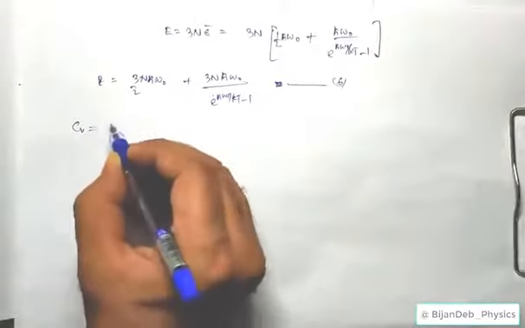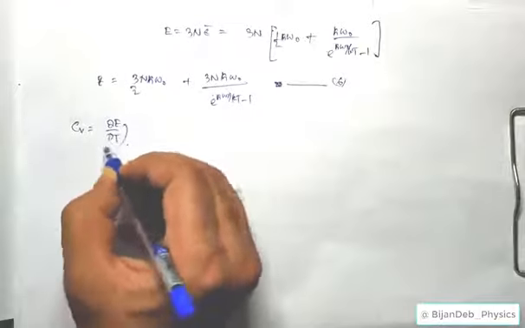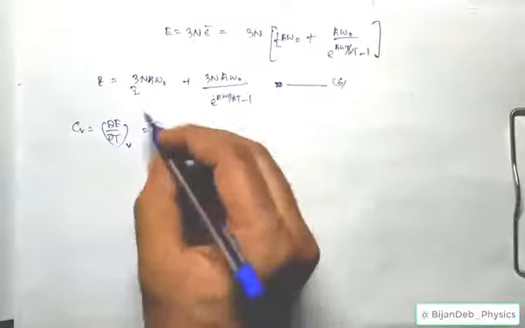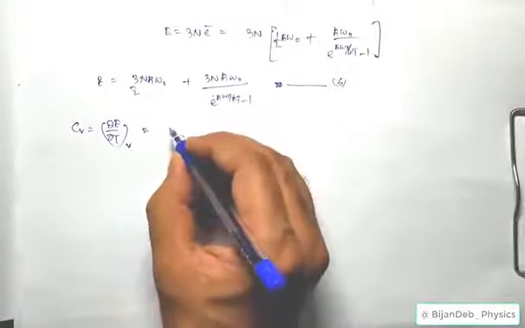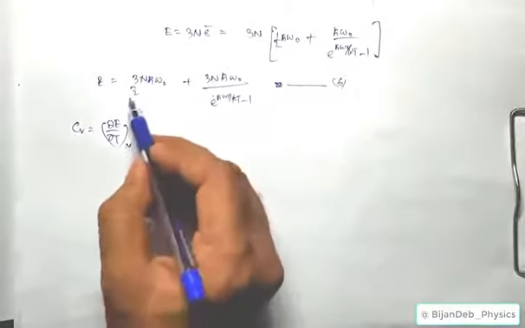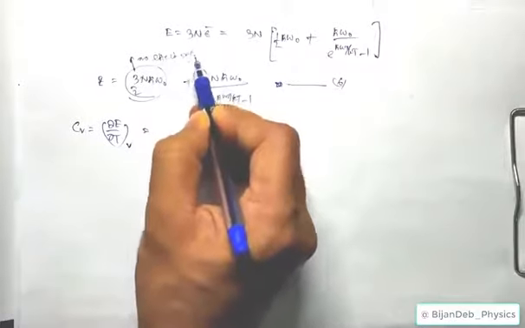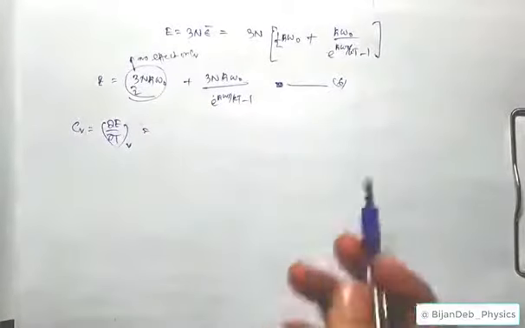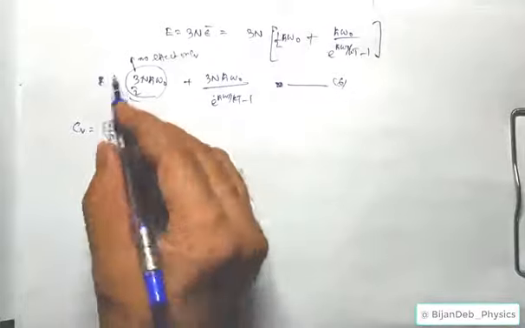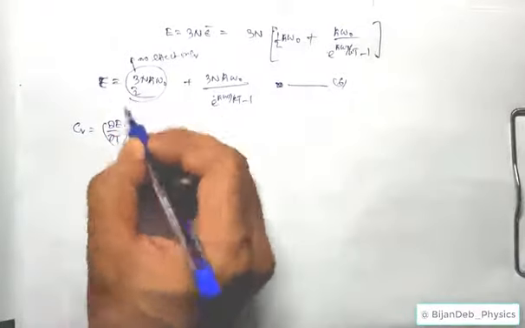Now what will be the specific heat? Specific heat will be dU by dT at constant volume. So now if you differentiate this, obviously this is a constant term, this will have no effect on specific heat. The result will be the same, but only energy will be shifted by some constant factor, that is the zero point energy.